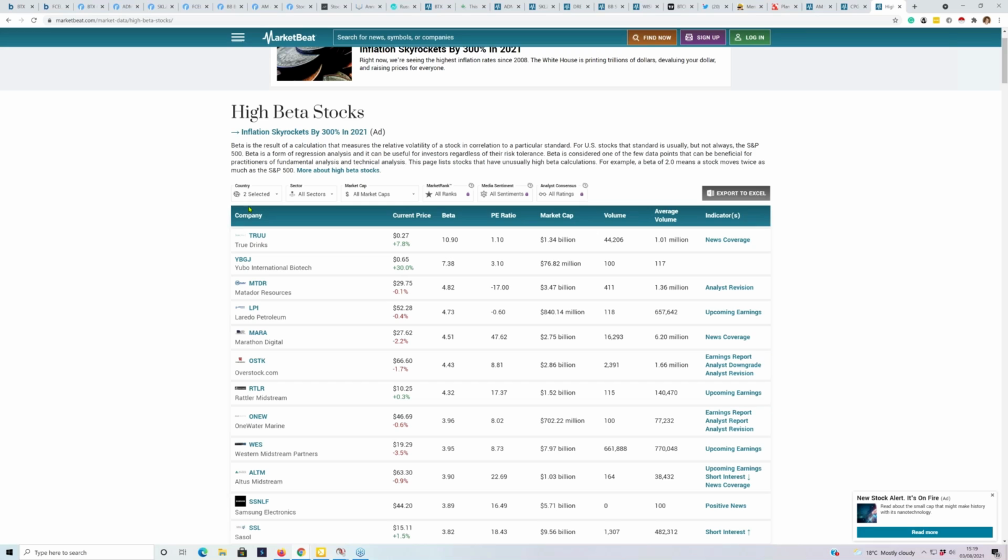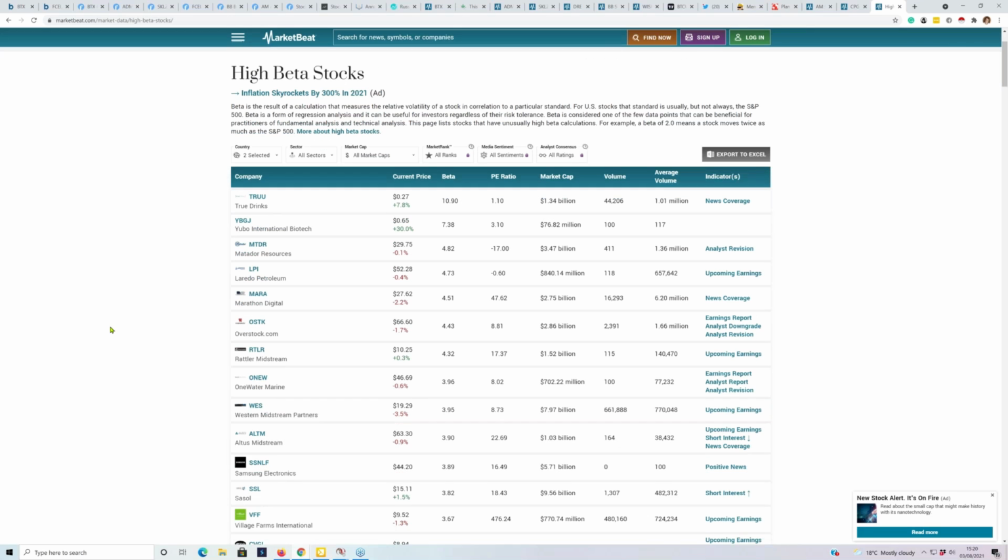Now, as you can see here, it's normally benchmarked against the S&P 500. But the way it works is, if you have a high beta, it tells you that the stock is moving, in this case 4 times the equivalent of the index. And if you are looking for a stock to trade, certainly on an intraday basis, you want something that is going to move.